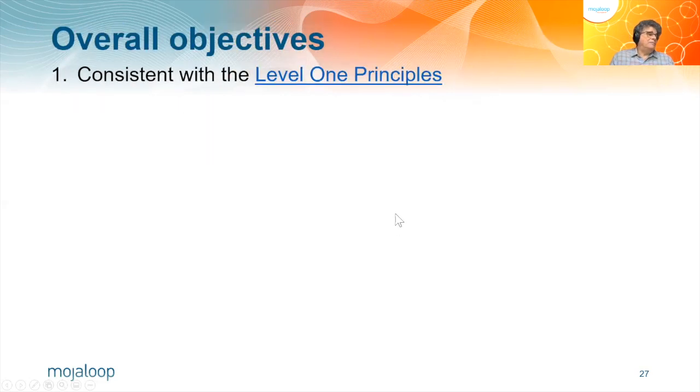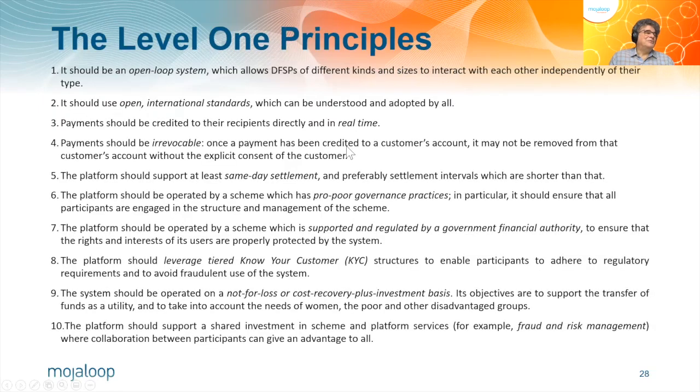So the overall objectives are that whatever we do in architectural terms should be consistent with the level 1 principles. We've talked a lot about those, or at least you'd have heard people refer to them a lot, but I just wanted to talk very briefly through this slide to say these are the level 1 principles articulated in a technical context, I think.